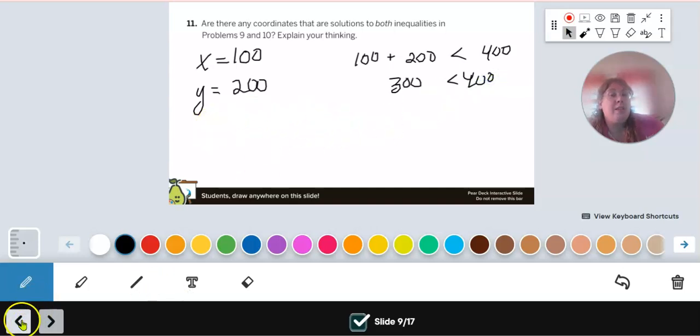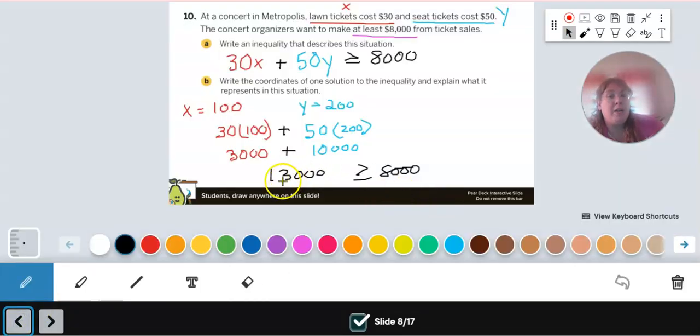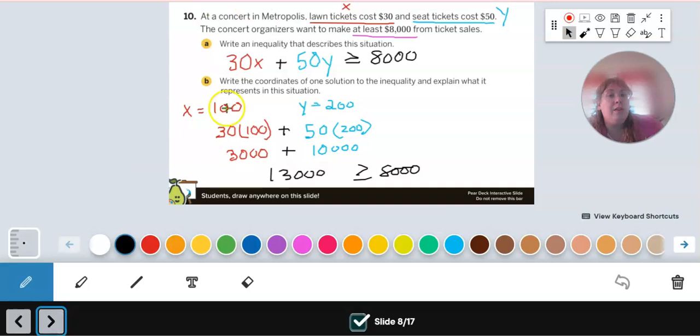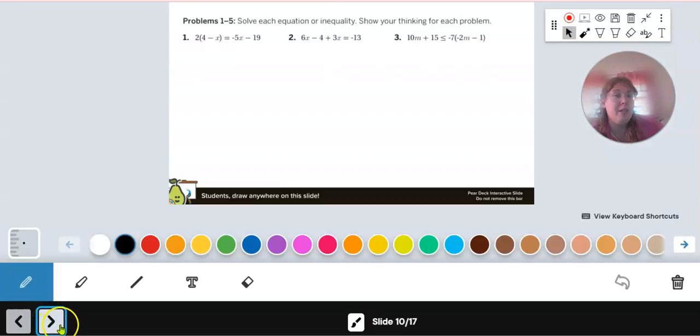And also we know it fits our problem 10 here because we got 13,000, which was more than 8,000. So we can find enough to match how many tickets they sold with also making sure that they hit over their budget. Beautiful. So that fits both of the inequalities.